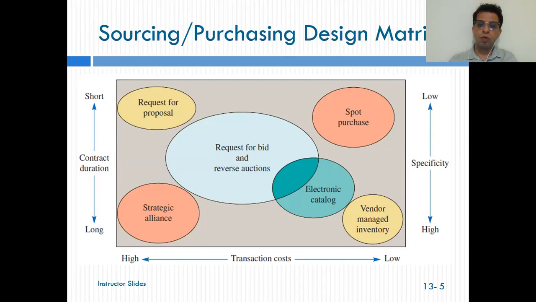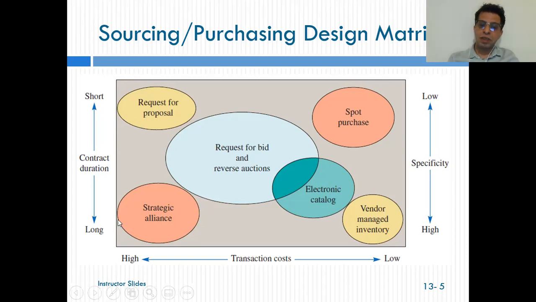We need to do a request for a proposal when the contract duration is short, less than a year or 2 years maximum. The transaction cost is high, but there are not many of them available. So you do a request for a proposal or RFP.